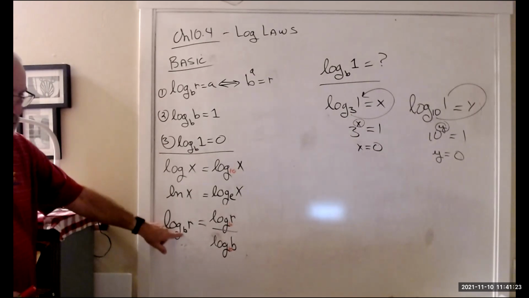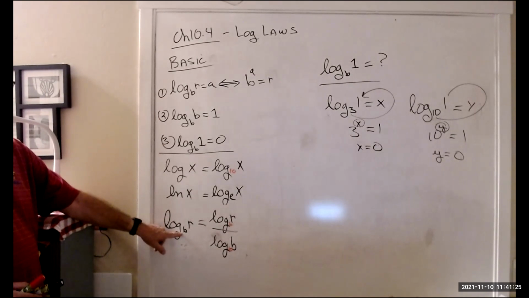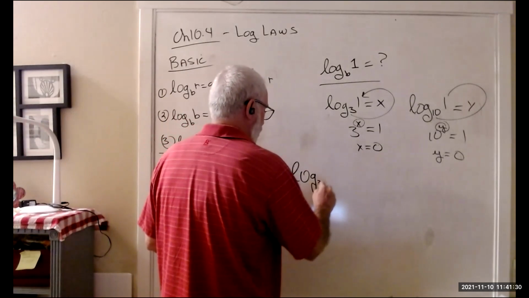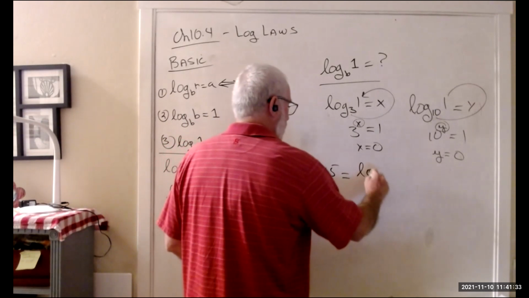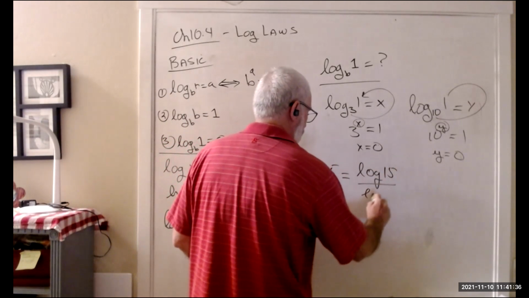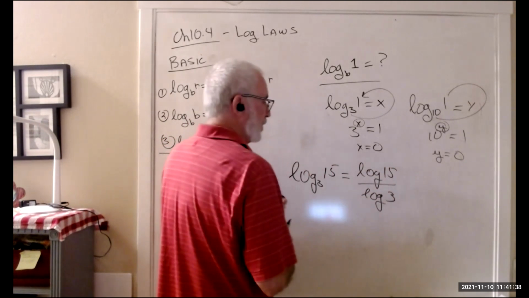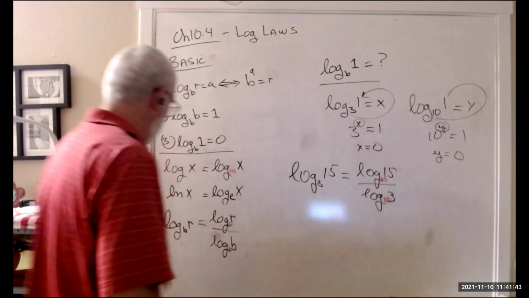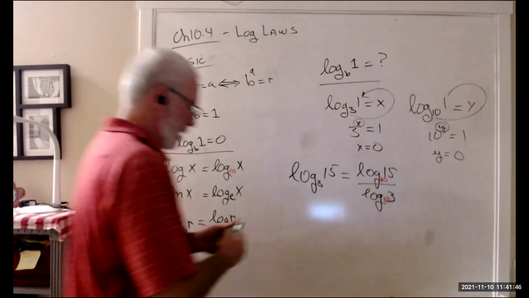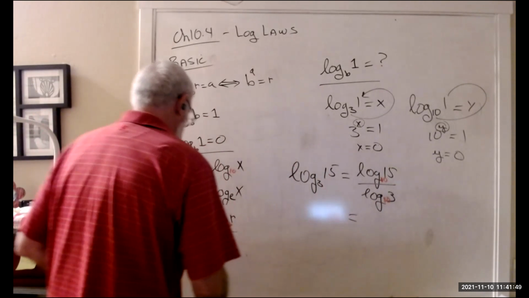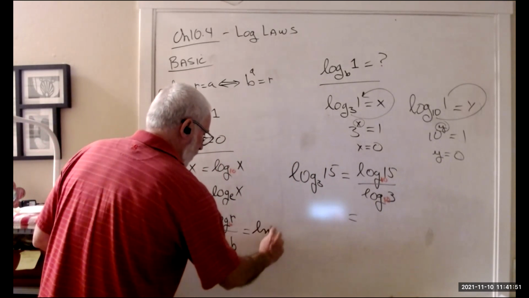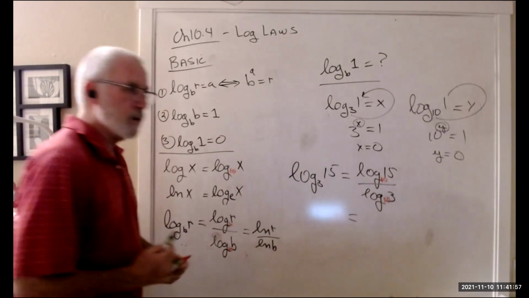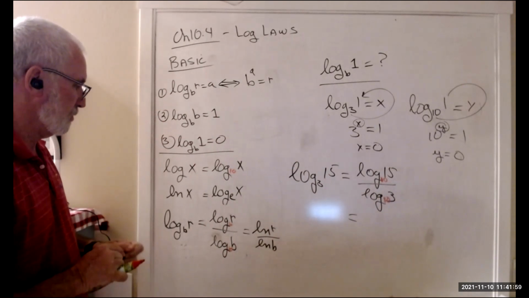So log base 3 of 15, as we just did in our handouts, can be written as log of 15 over log of 3. Again, these are all base 10. I also indicated that you can write this as the ln of R over the ln of B, if you wish. It might be easier.